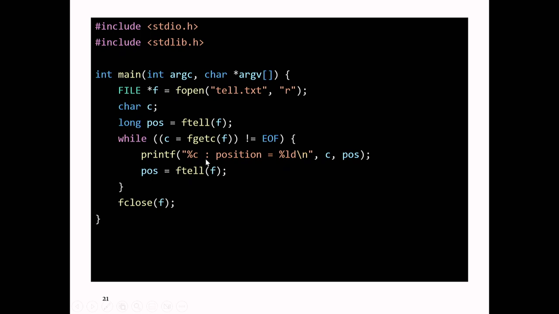It prints out the character that's read by fgetc. Then it prints the position in the file where the character appears. And then it calls ftell again to get the current position after reading the character.